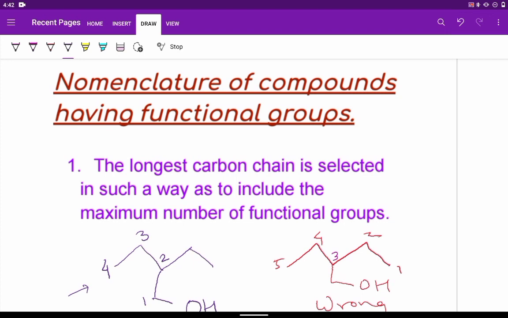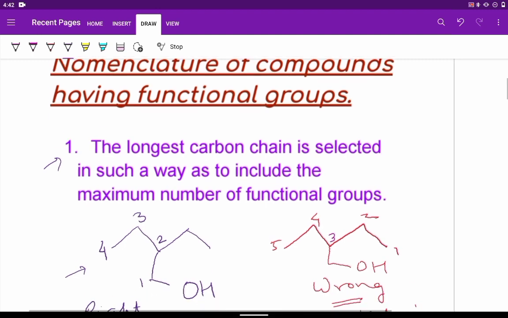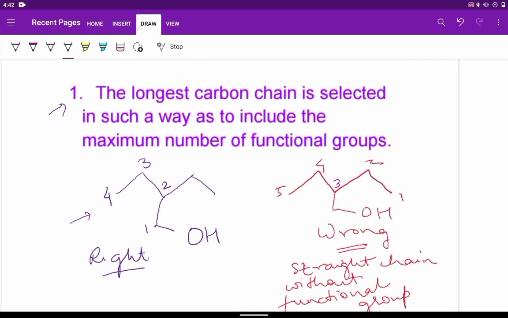Now see, as we go to the rules, the first one states that the longest carbon chain is selected in such a way as to include the maximum number of functional groups. In this structure shown here, there is a molecule. If we go by the left hand structure, the numbering is done 1, 2, 3, 4.